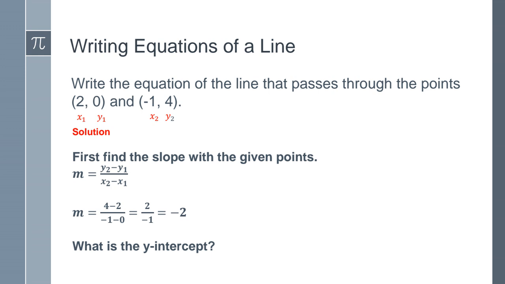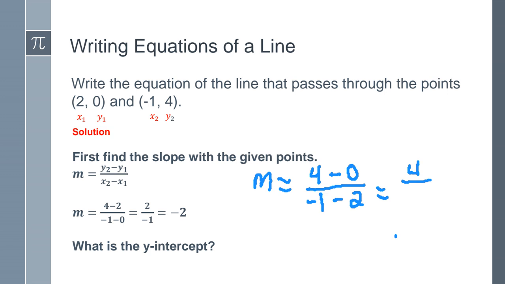So we're going to have y2, which is 4, minus y1, which is 0, divided by x2, which is negative 1, minus x1, which is 2. So we end up with 4 minus 0 is 4, and negative 1 minus 2 is negative 3.